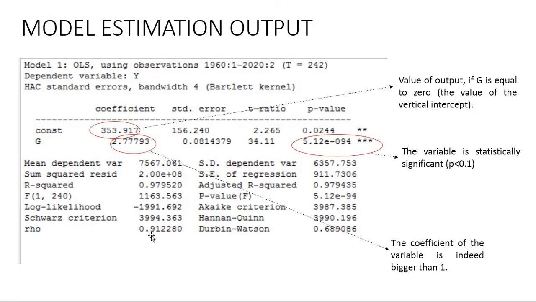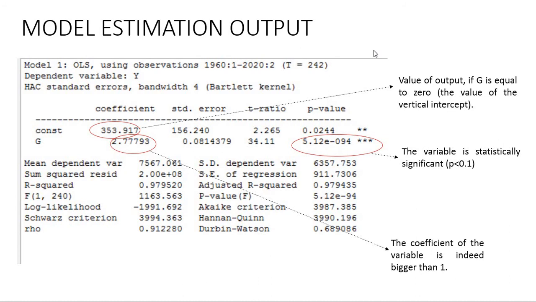So you can notice that the coefficient of variable G is indeed higher than 1, which is in line with our hypothesis. But of course, a more careful estimation regarding whether this coefficient is indeed bigger than 1 will require some additional analysis, as we're going to discuss during the next lectures. The p-value basically tells you whether the obtained result is statistically significant.